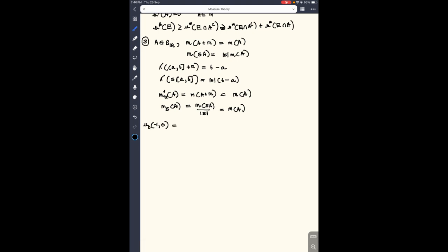Mu naught of this is, since 0 is not here, 0. Translate by half. Mu naught of this, if we translate by half, is minus half comma half, which is 1. So it's not translation invariant. Similarly, we can construct an example for dilation.